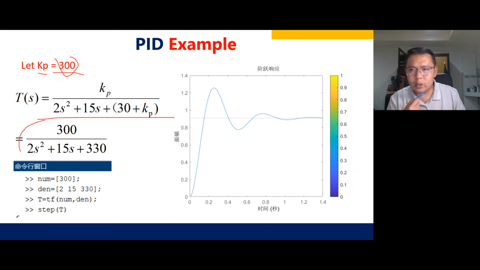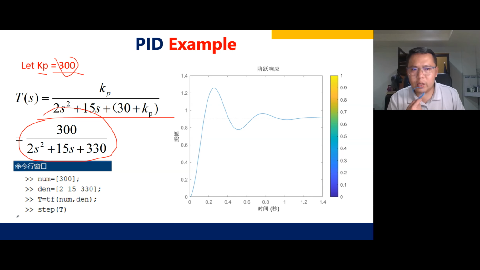We can get the last expression equal to 300 over 2 s to the second power plus 15 s plus 330.